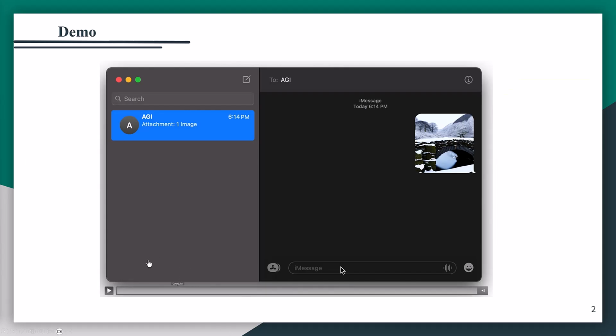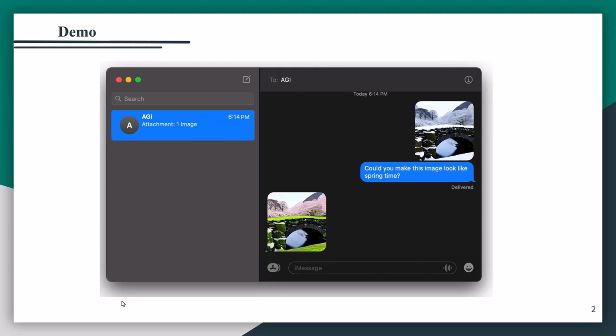To start, let's look at a demo that showcases the capability of this model. As you can see, it's just a simple prompt. You can make a wide range of edits to any image.